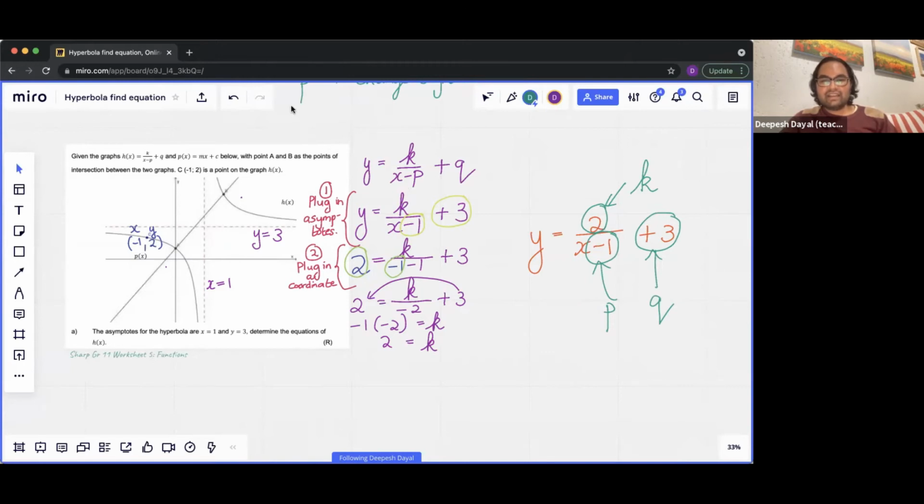Do we need to use the straight line to find the hyperbola equation? No, we haven't used it at all, right? So I can get a question like this, but without the straight line, only the hyperbola.